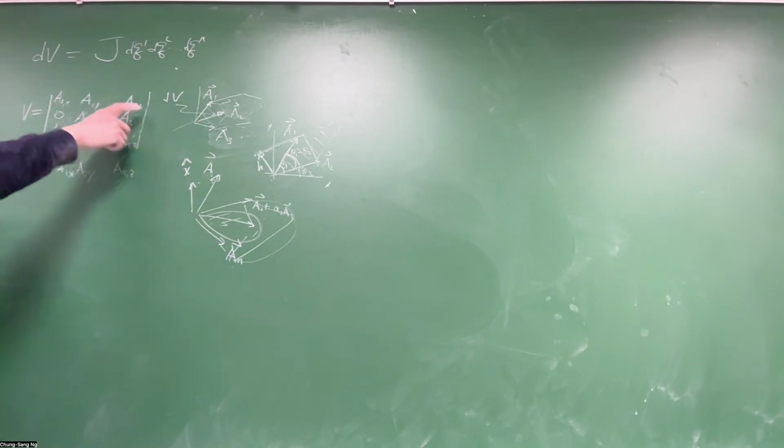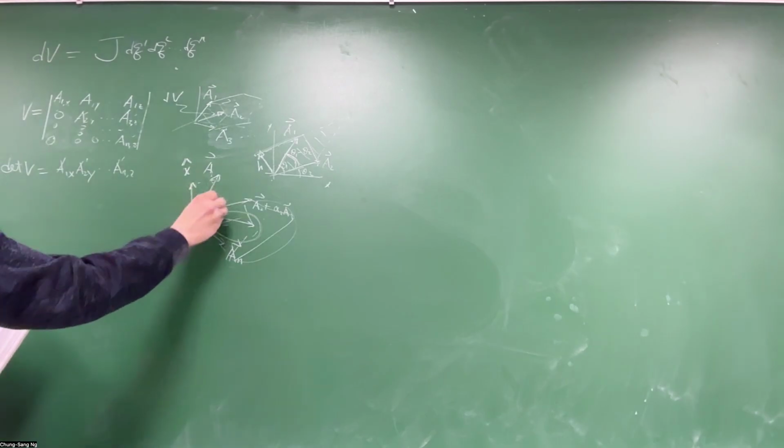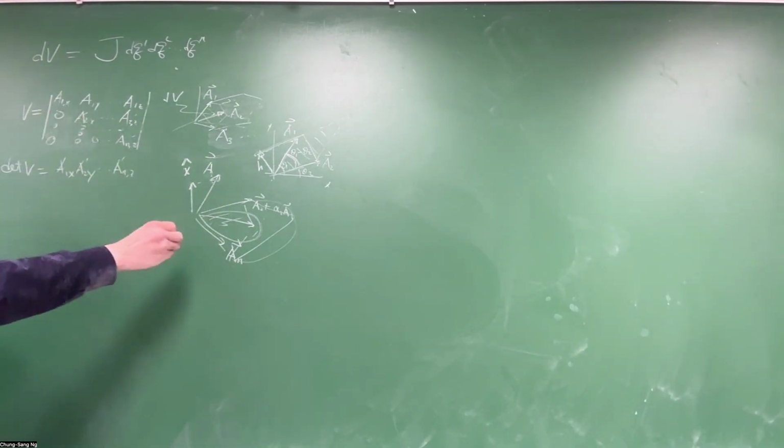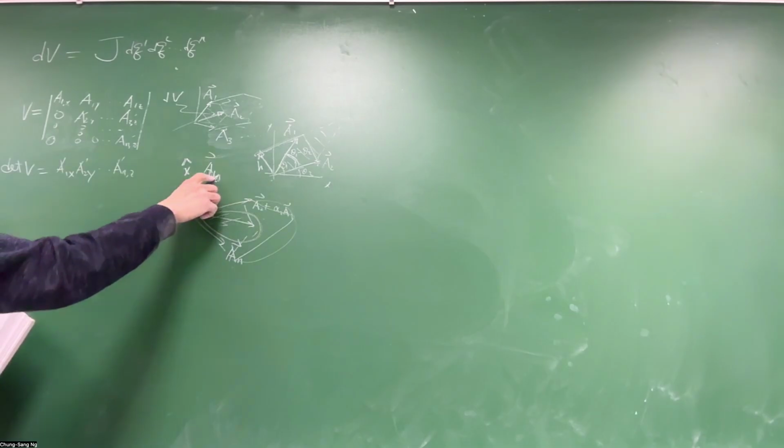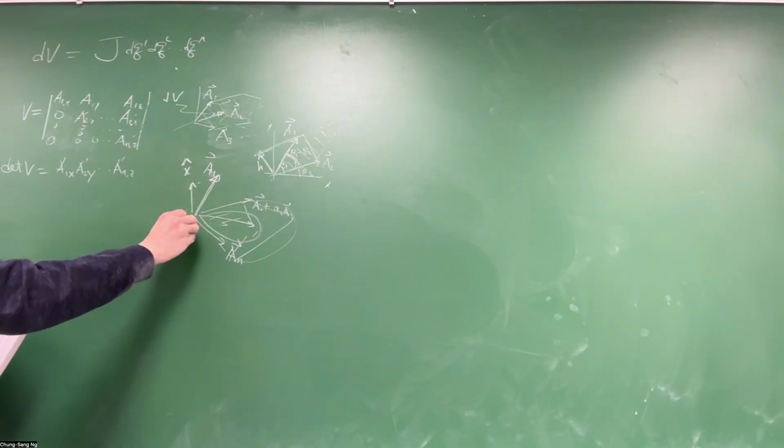It actually doesn't matter, because say the first one is this a sub 1 vector, which has the x component and maybe other components perpendicular to x.